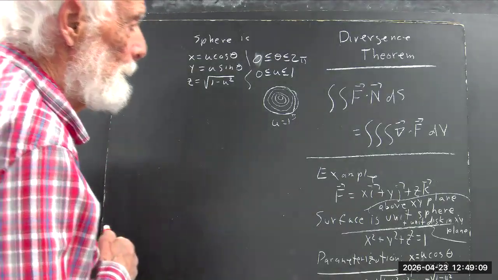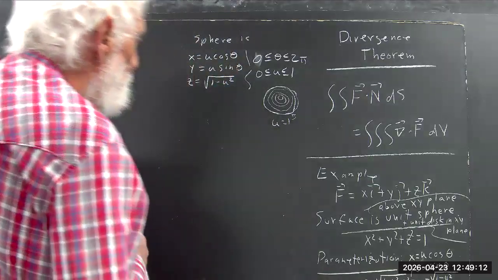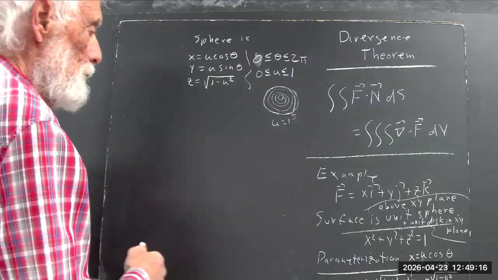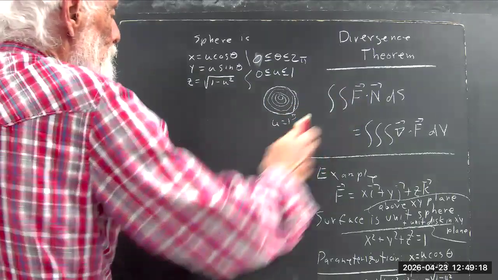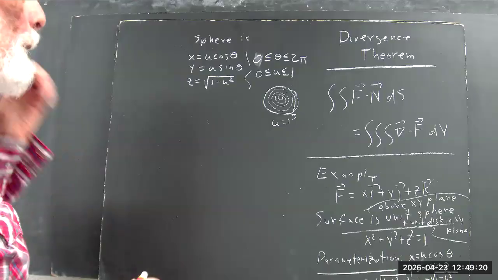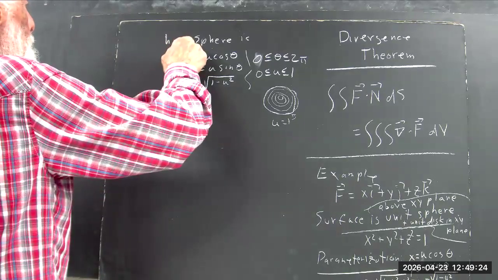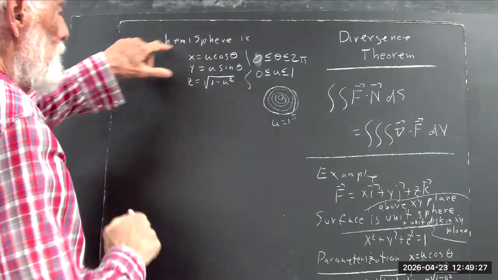All right. So what we want to do is, well, let's finish describing the hemispherical part of the surface. And this is a hemisphere.